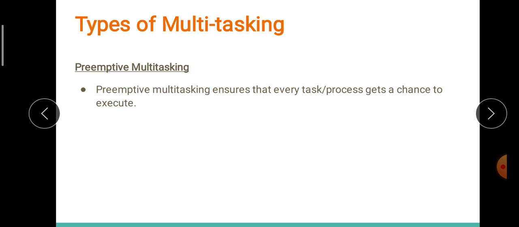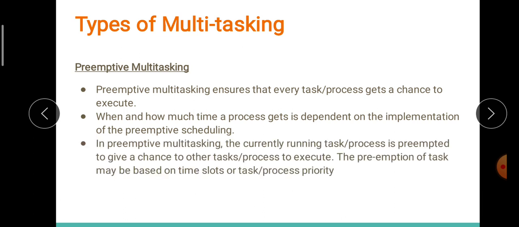The thing is, before a task completes itself, another task will get a chance for execution, right? Hence the name preemptive. Before a task finishes itself, the next task can execute. So this is called preemptive multitasking.